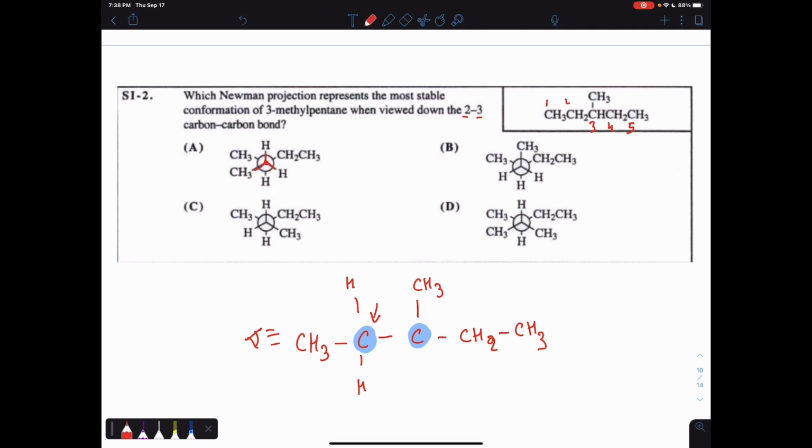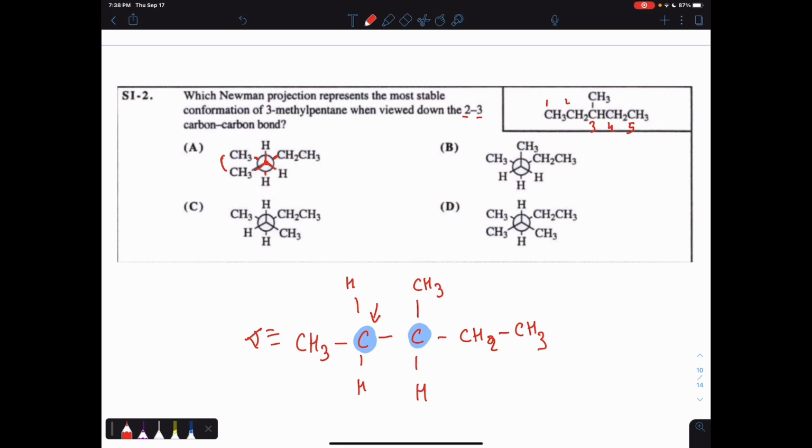And the back carbon is connected to an ethyl, which is right here, and it's connected to a CH3 and a hydrogen, which I didn't draw here. But if we look here, we have the CH2, CH3 not next to any methyl, which is really good, and the 2 methyls are next to each other, which is better than having an ethyl next to a methyl, right?